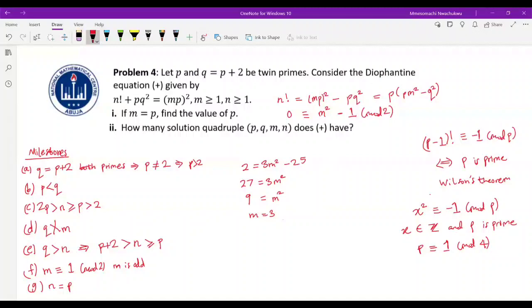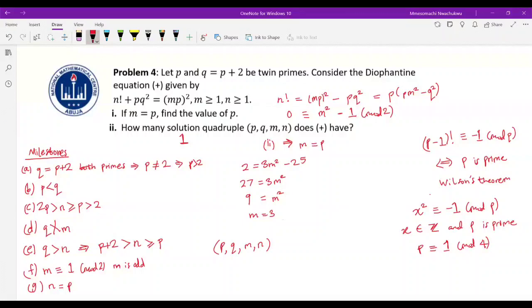So what do we have? We have that the quadruple p, q, m, n, all the solutions, that's only one solution. So for I, and then the quadruple. So solving for II implies that m has to be equal to p.